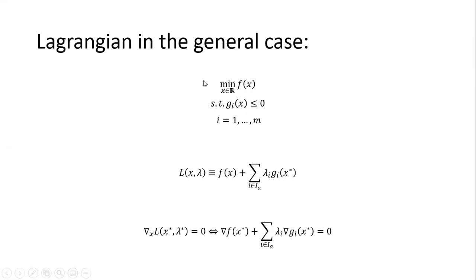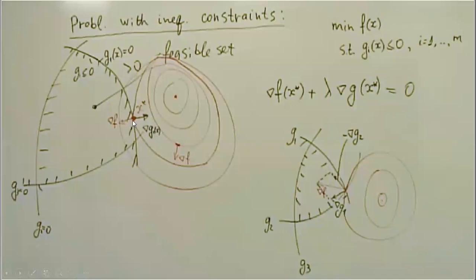Now we will show the Lagrangian in the general case. Our general problem is minimum f(x) subject to g_i(x) less or equal 0, where i is going from 1 to n. Our Lagrangian is f(x) plus the sum over all active constraints of lambda_i g_i(x star). I_A represents the active constraints, which means the constraints that our solution touches.